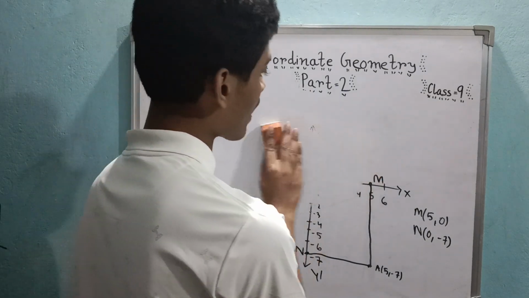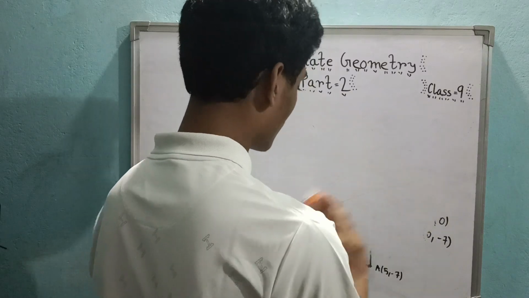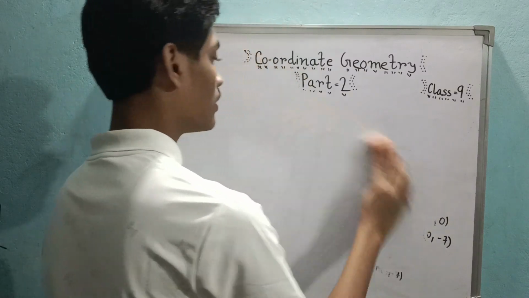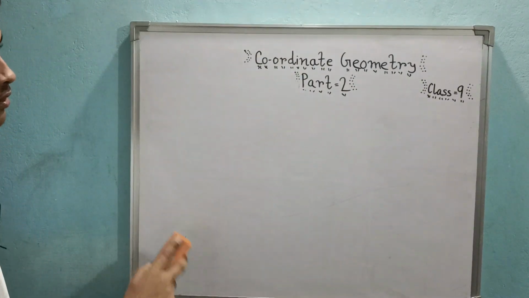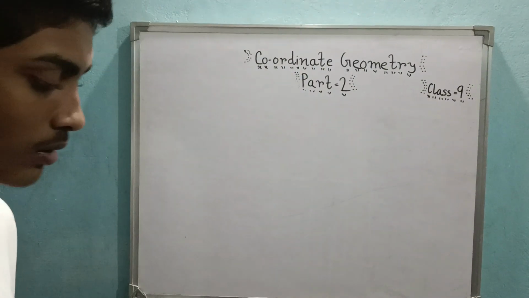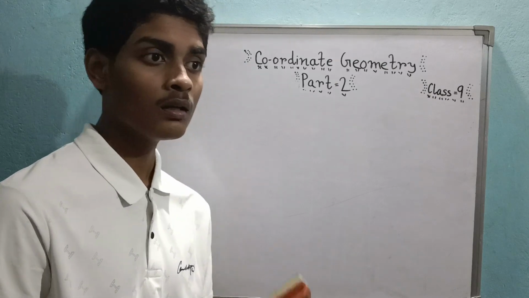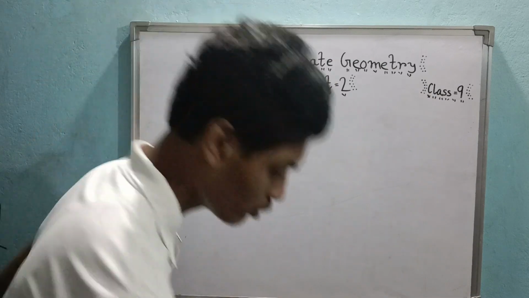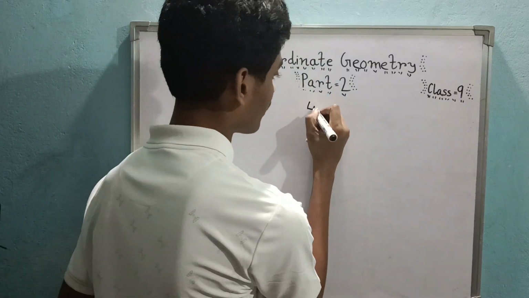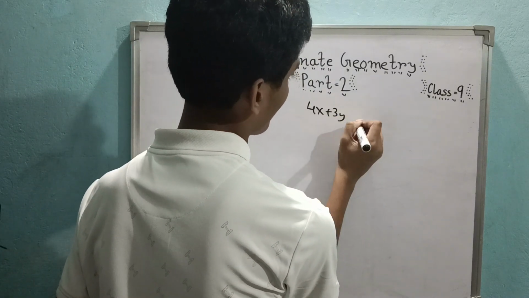But you will see how part 3 totally changes the difficulty level of this chapter. You will see what is the value of the chapter actually. You will see how you can graphically show linear equations. You know linear equations, right? Like this, 4x plus 3y equal to 12.